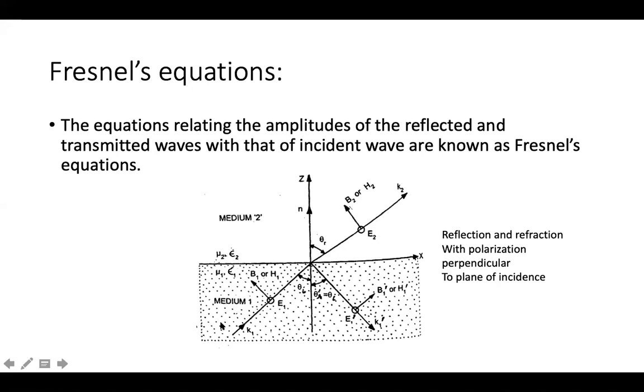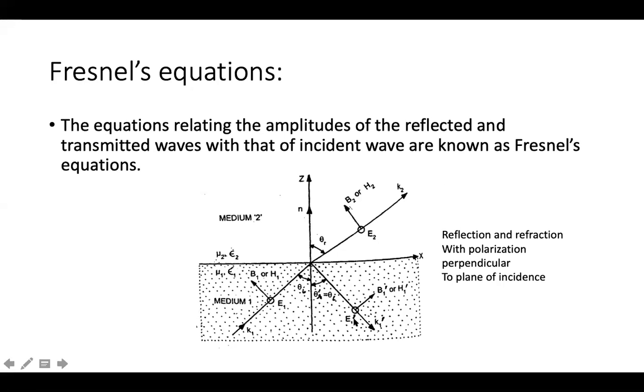So look at the figures. This figure is very prominent here. If this is the direction of propagation, then this is the direction of B or H. And here, this is the direction of propagation. Then you have the directions of B2 or H2 like this. And these are B1 prime or H1 prime.